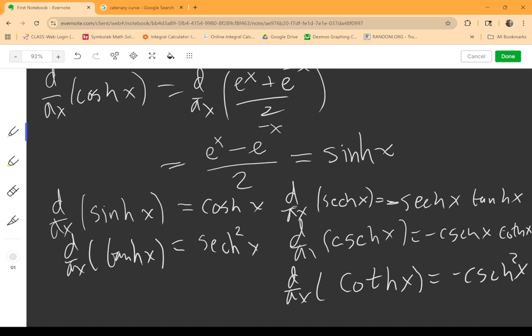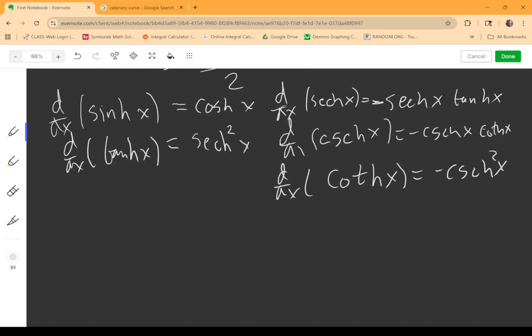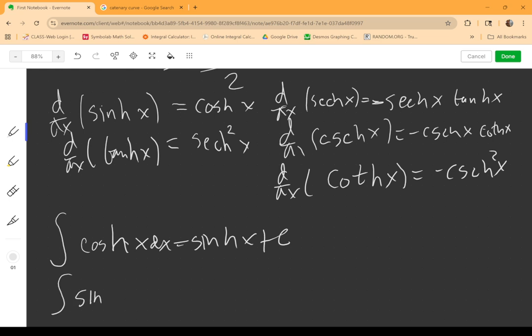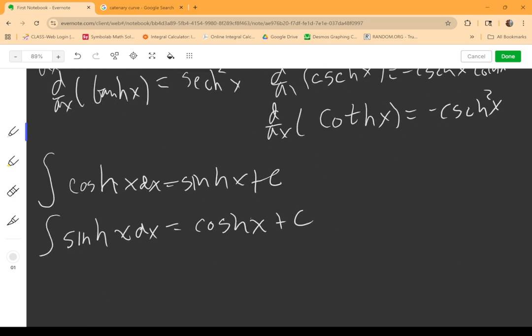And if these are the derivatives, then we also have some integral formulas. The integral of cosh of x dx is sinh of x plus c. The integral of sinh of x dx is cosh of x as well.